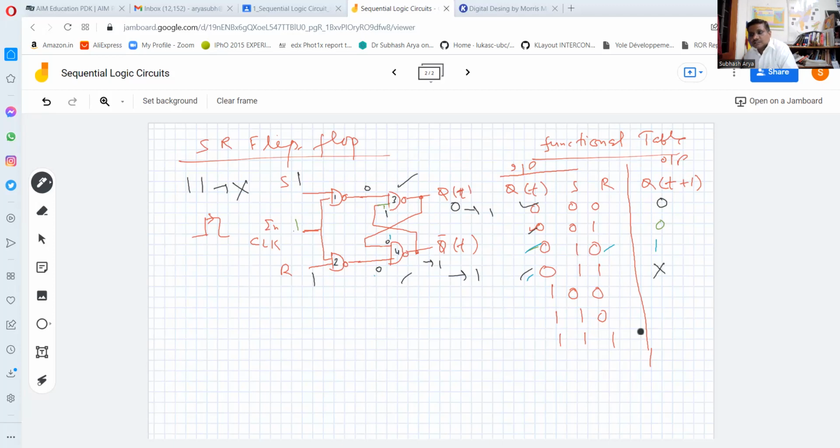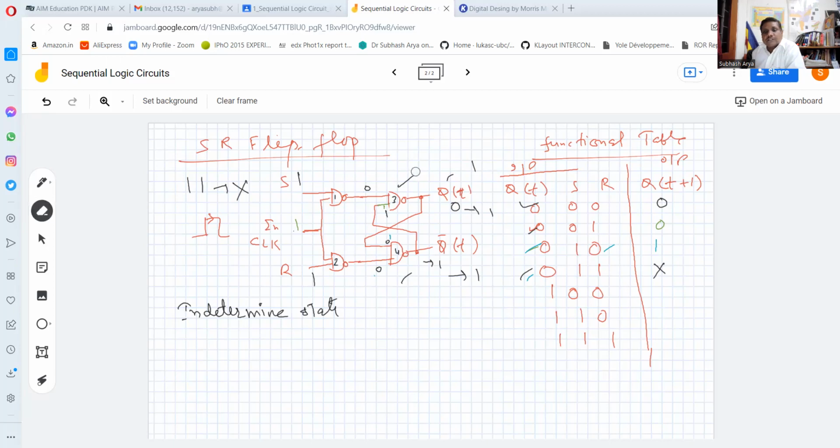So we write here a cross, that is indeterminate state. So when both S and R are 1 and the clock pulse has come, we cannot predict the correct value. It is unpredictable. Any one can be 1, and if one of the outputs is 1, then it will compel the other to go to 0. But that is not fixed.